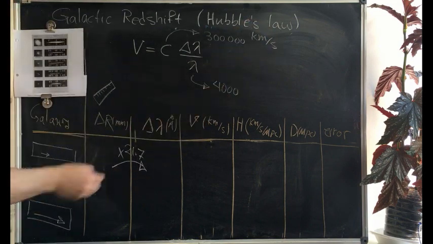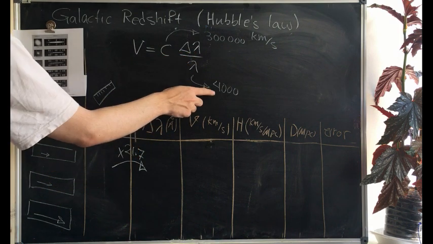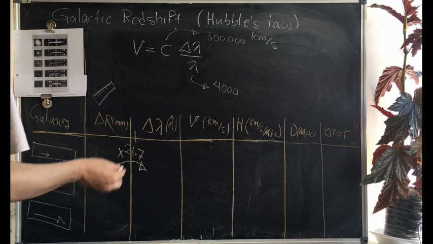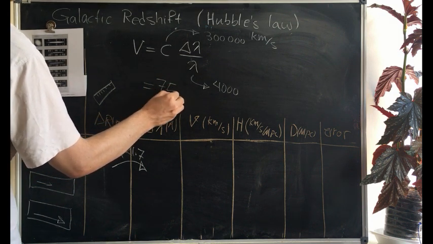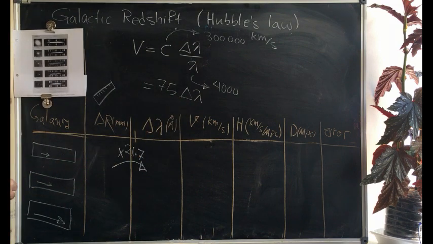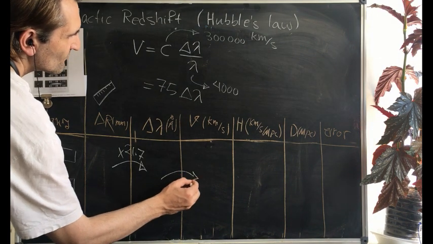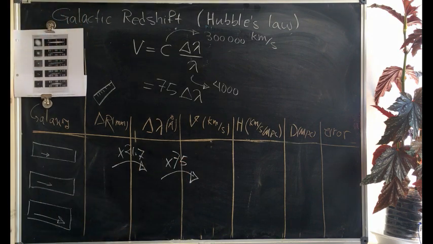And delta lambda is in your table. c and lambda are constant numbers for all cases, so you can just do the math and get 75 times delta lambda. So you can do it simpler: take your delta lambda and multiply by 75, then you get velocities.